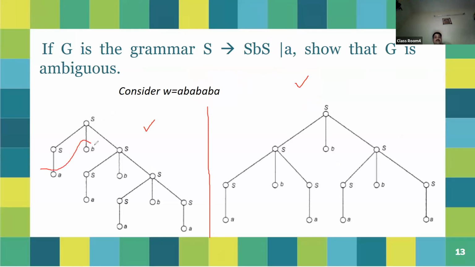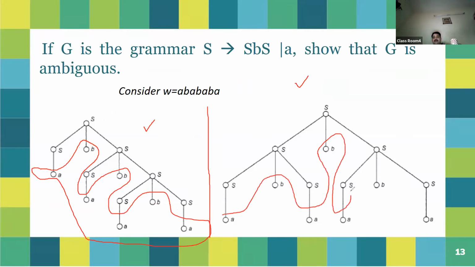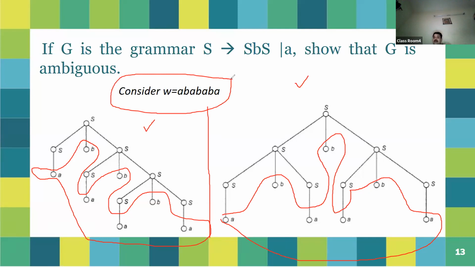From this parse tree, you can find the same string, and in the second parse tree you can also find the same string, right? The string can be found by concatenating from left to right. So the same string can be generated by two different parse trees. I showed you both methods: we can design different parse trees for the same string, we can find two leftmost derivations, LMD1 and LMD2, and we can also find two rightmost derivations. Whichever you like, whichever you can find easily, you can calculate that. Clear?